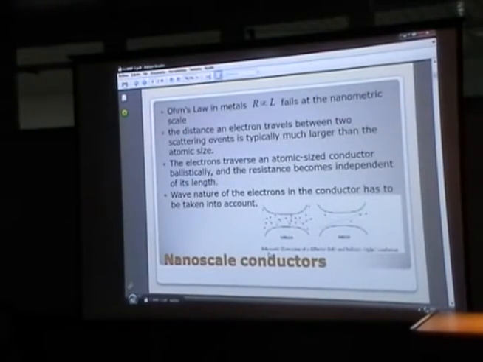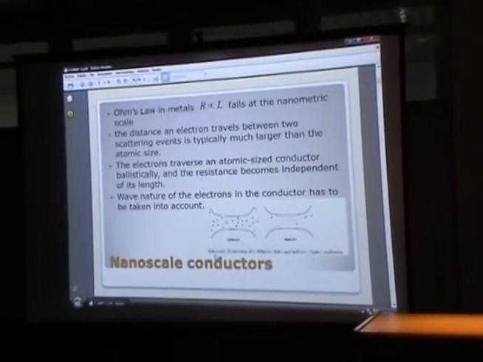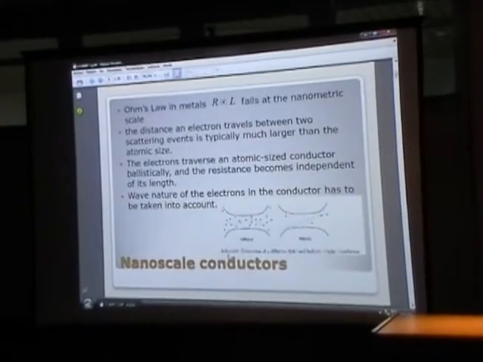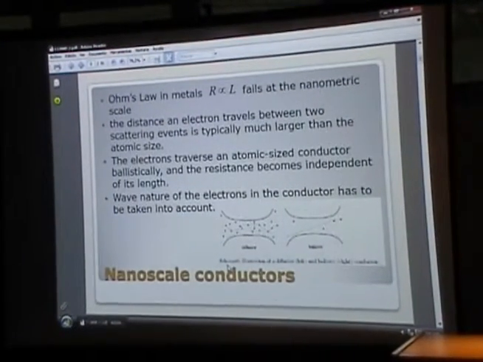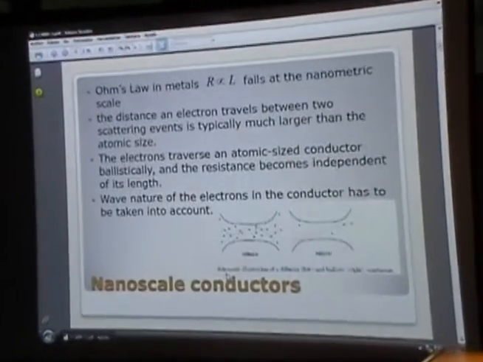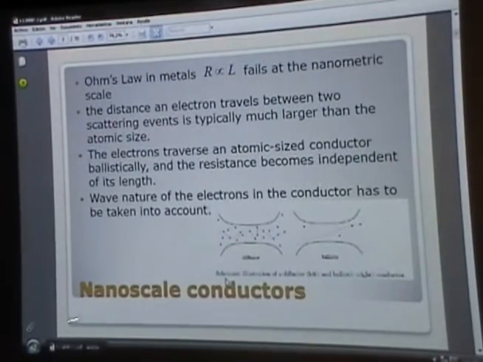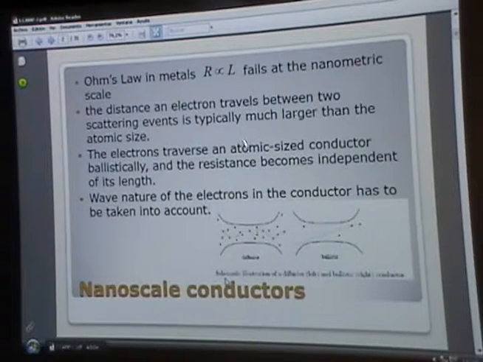Just as a reminder, what's the problem, or what are the new properties that arise at the nanoscale when we have a conductor, is that the distance that the electrons travel is comparable to the size of the system.